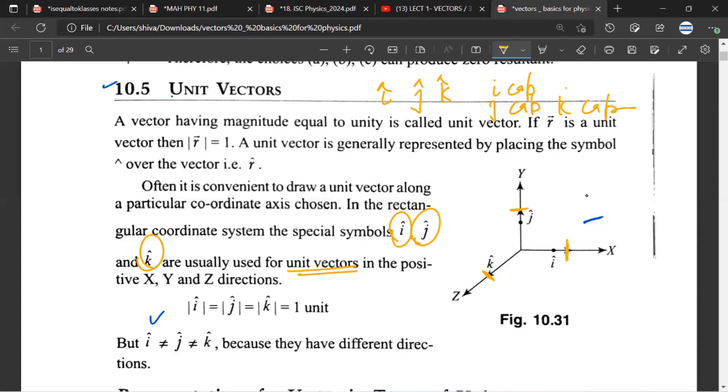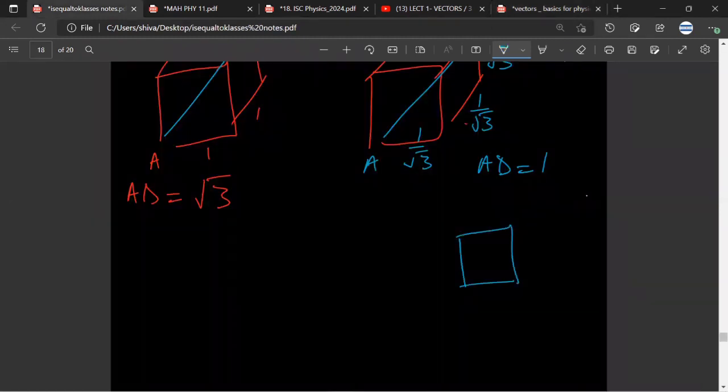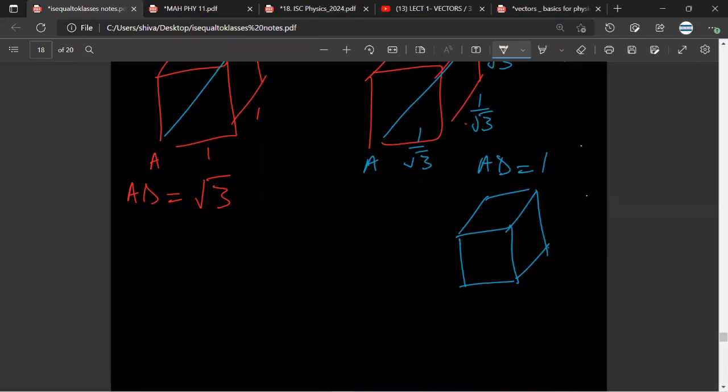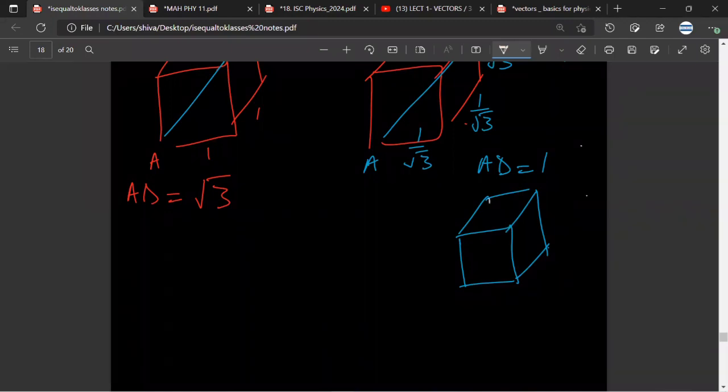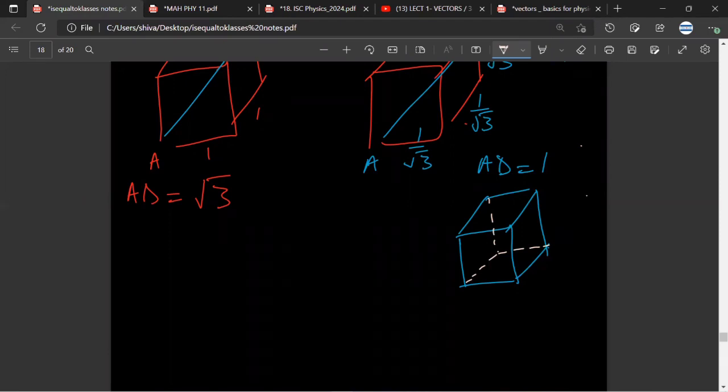You can just imagine, let me take the help of our cube again. Imagine there is a cube. Let me call this x-axis, this y-axis, and this z-axis.